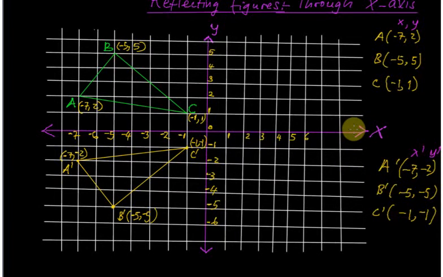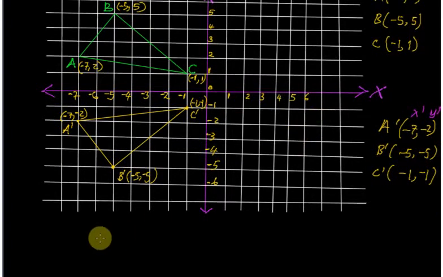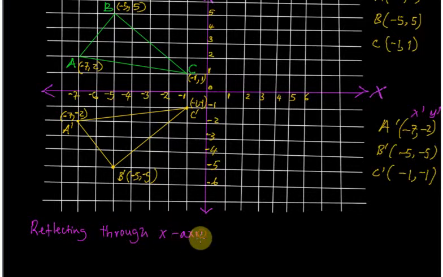Okay, so if we write here as our conclusion, reflecting through the x-axis, values of x are the same as values of x dash.